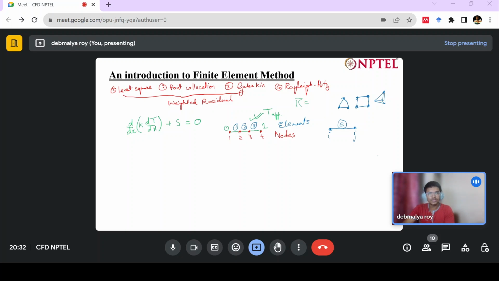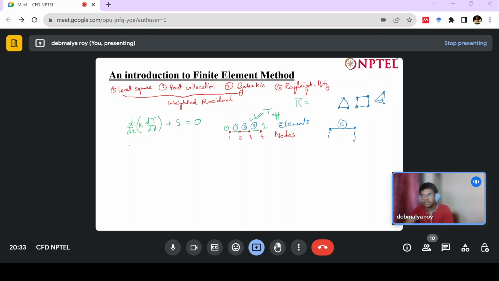Let's first focus on understanding the method itself. Let's first focus on this one-dimensional element with two nodes, I and j, and use this conduction equation as our example.